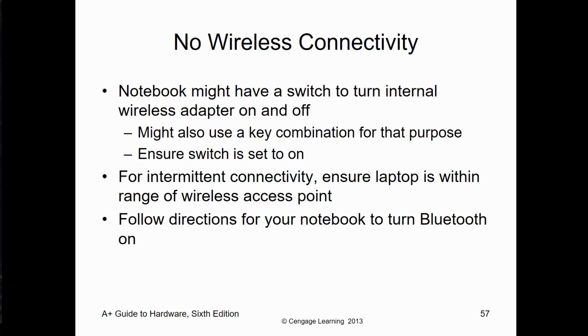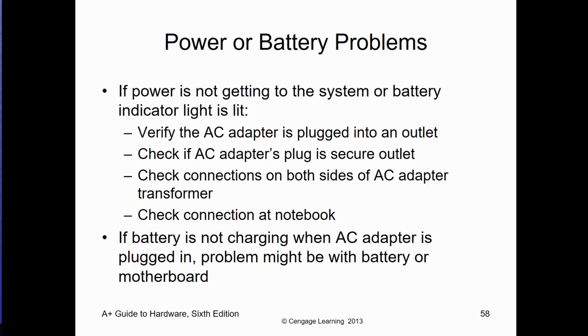No wireless connectivity, that's always a big one. Sometimes it's a physical switch or a toggle that you can toggle with the function button. Sometimes it can be as simple as turning on your Bluetooth or wireless because you've accidentally turned it off. Power problems are a big one.